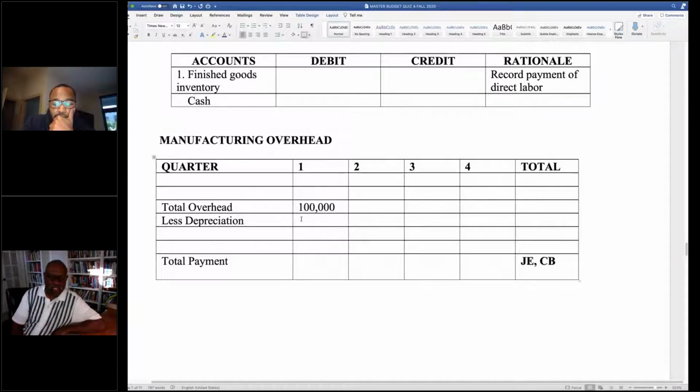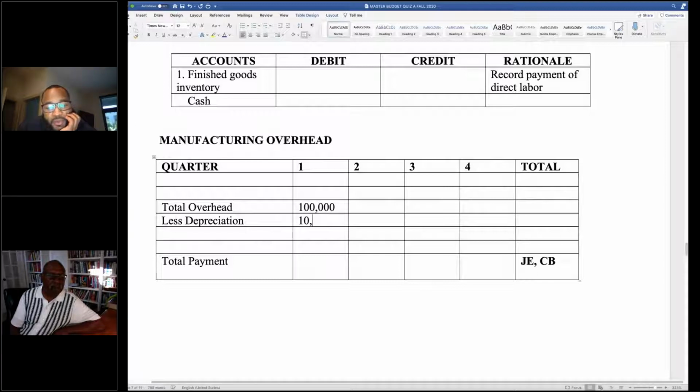How much depreciation? Because that's not a cash expenditure. I think it was 10,000. Depreciation, yeah, 10,000. Okay, so put the 10,000 in there.